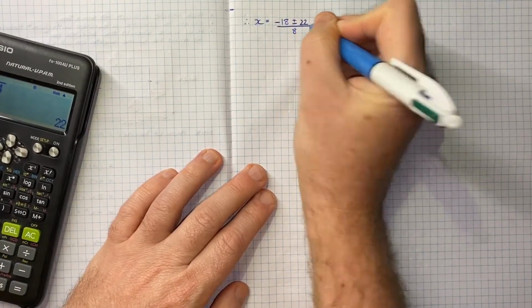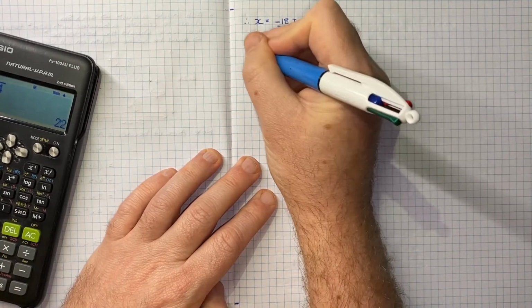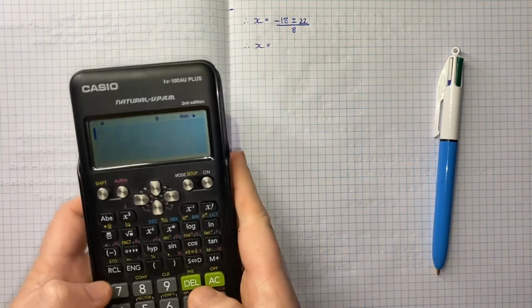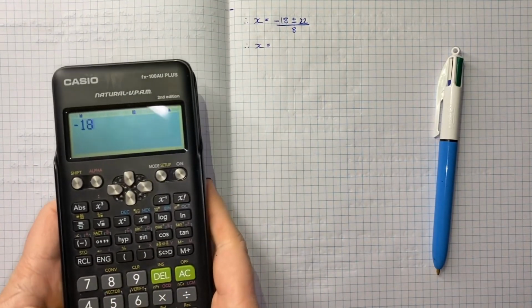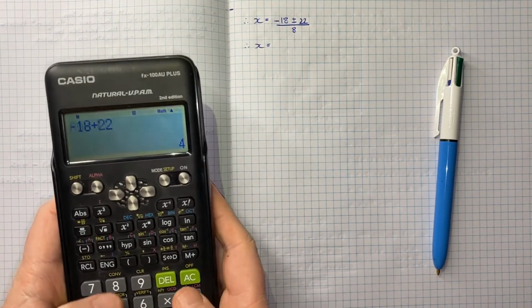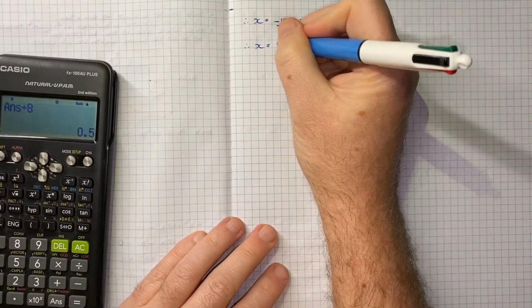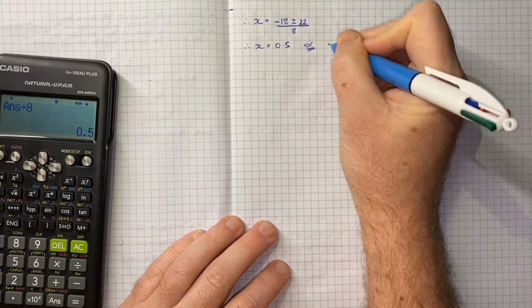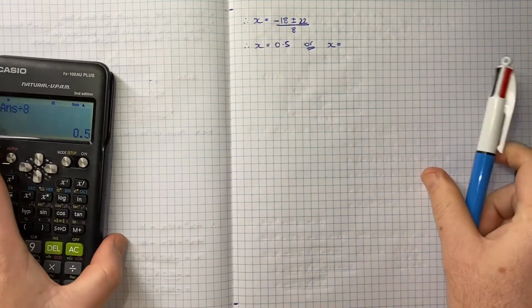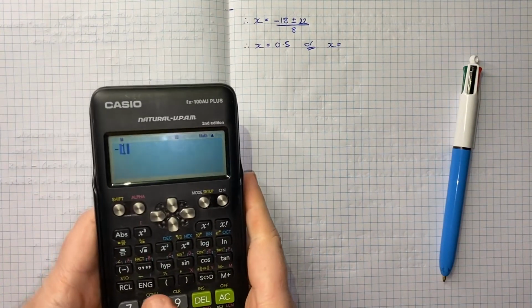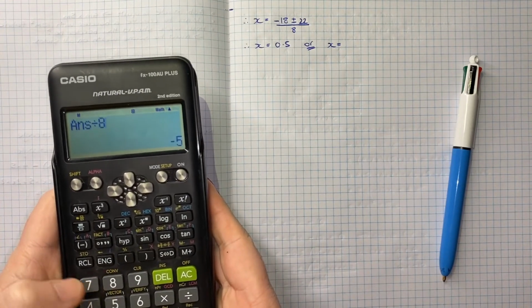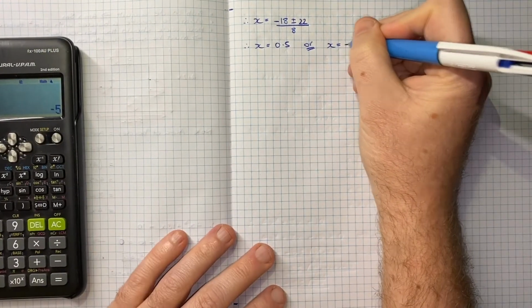So now we could plug this into our calculator and get our two values of x. So if I start with minus 18 plus 22 divided by 8, that gets us 0.5. Or we've got this other value of x, which would also solve our quadratic, which would be minus 18 minus 22 divided by 8, which would be -5.